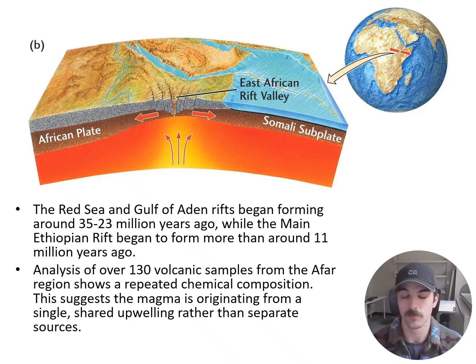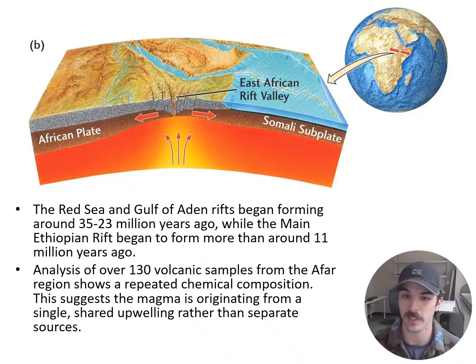And so just touching on that evidence of how we know it's an active rift, analysis of over 130 volcanic samples from the Afar region shows a repeated chemical composition, which suggests the magma is originating from a single shared upwelling rather than separate sources.